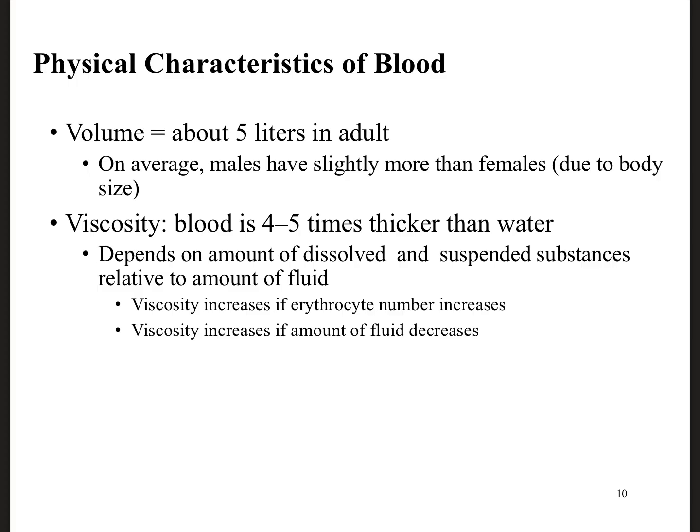The more red blood cells you have, viscosity goes up. The more white blood cells you have, less of an importance, but the viscosity could go up, right? If the amount of fluid decreases, viscosity increases.